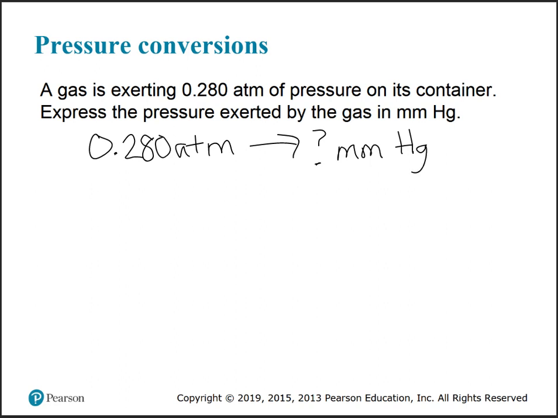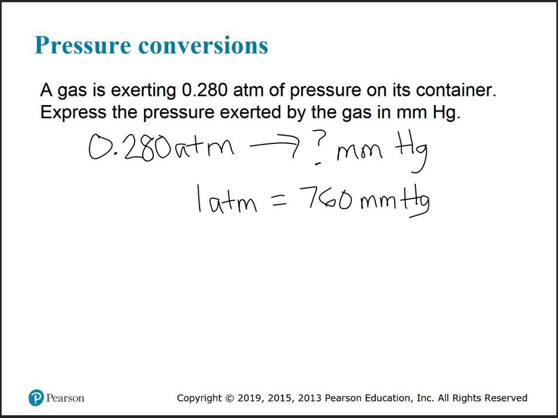Now, you will need to use that chart that tells you the unit equivalents of one atmosphere in all those different units. Now, I've been doing this for a long time, so I already know off the top of my head that one atmosphere is equal to 760 millimeters of mercury.